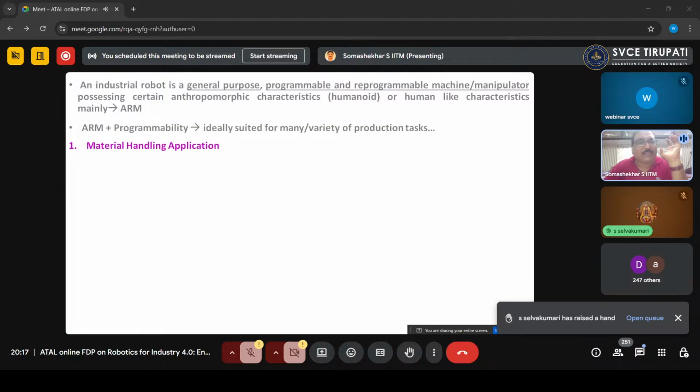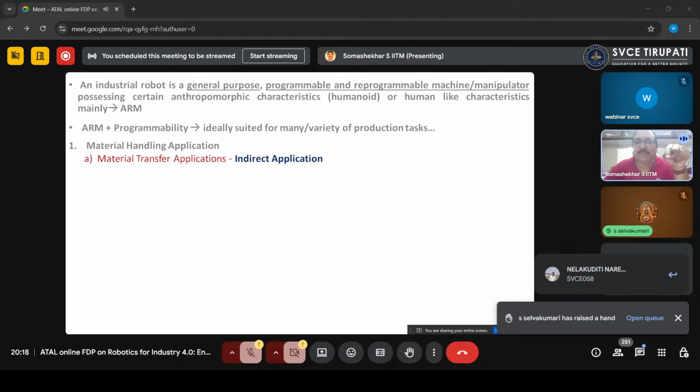If you see in industry itself, the robot is used for material handling applications, pick and place, correct, or in assembly, or inspection. Many material handling applications, or material transfer, what we will call indirect application. Indirect in the sense that the robots are used for pick and place, palletizing and depalletizing.